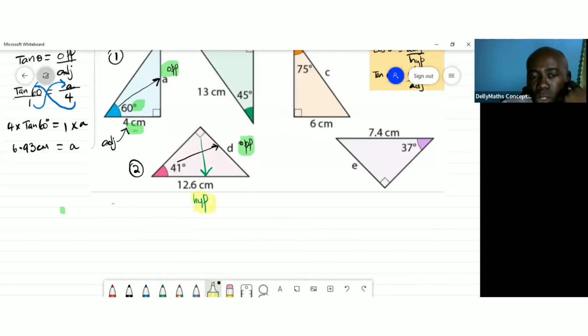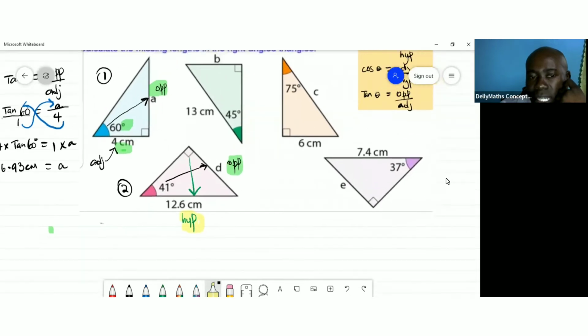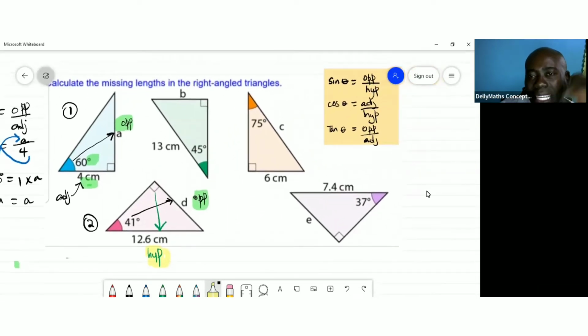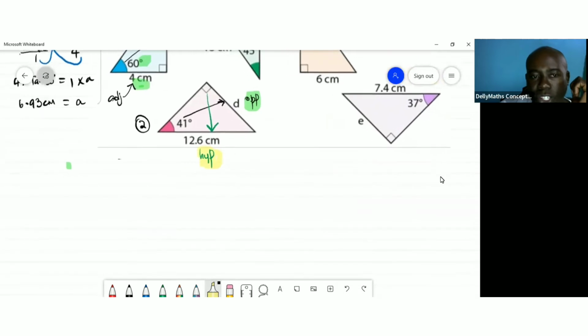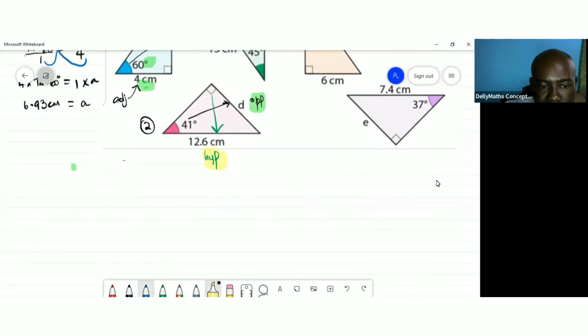So opposite and hypotenuse, and we're looking at sine. We're looking at this one, sine, right? So let's go for the sine ratio. The sine ratio says that the sine of an angle in the right angle triangle is equal to the opposite side over the hypotenuse side.